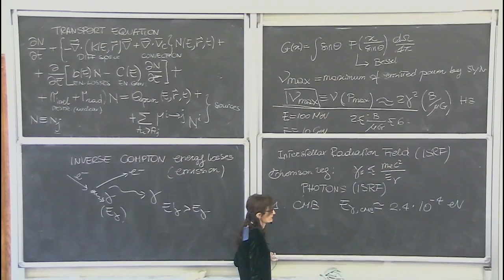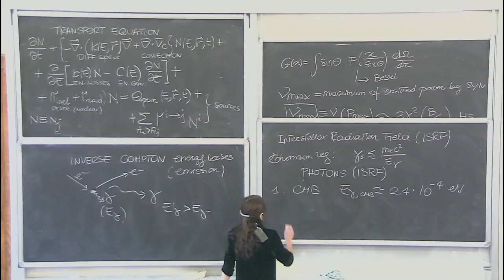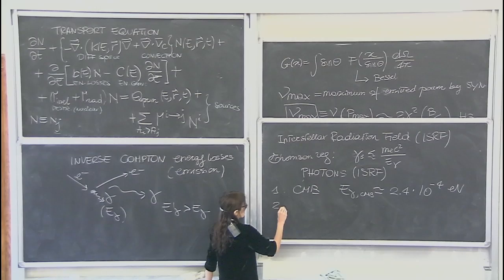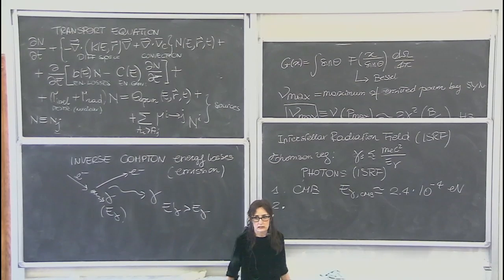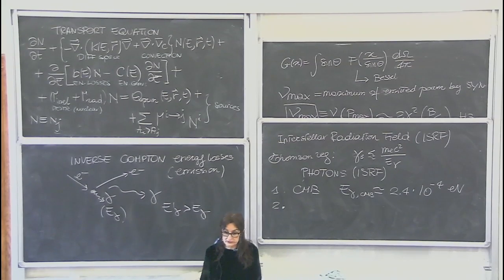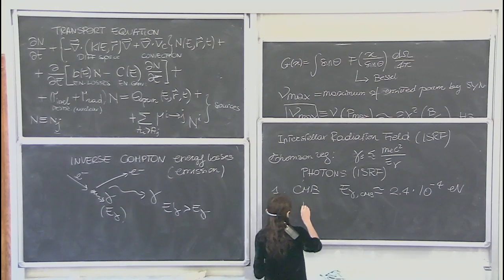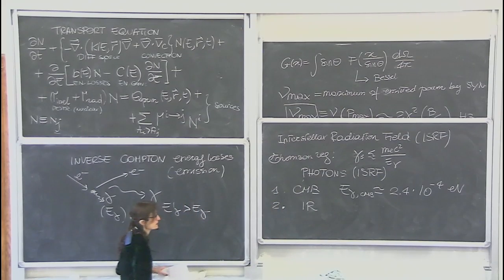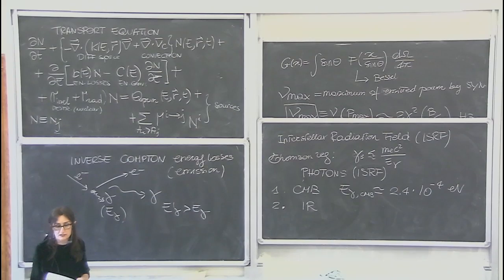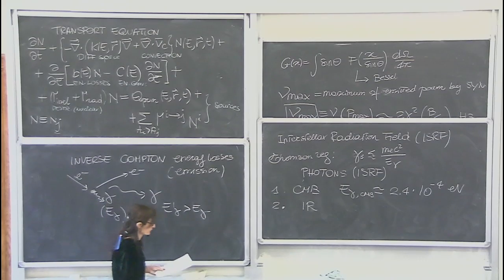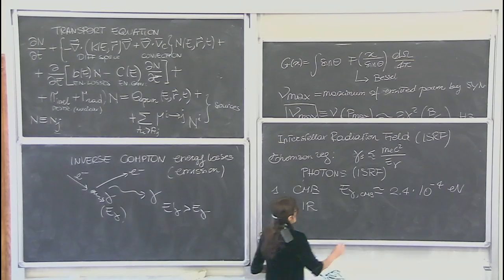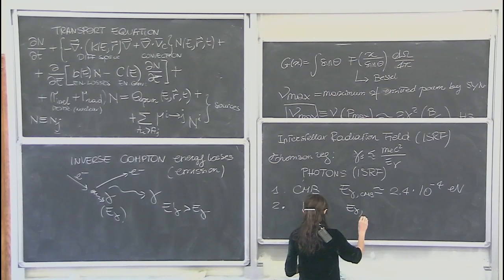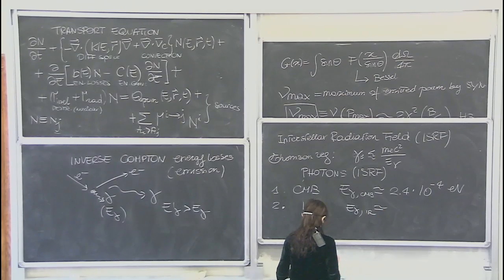Then we have the infrared light that fills the galaxy because of stellar activity and dust and so on and so forth. And the typical energy for this population of photons is a bit higher.